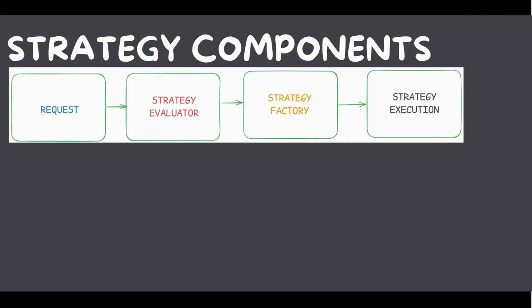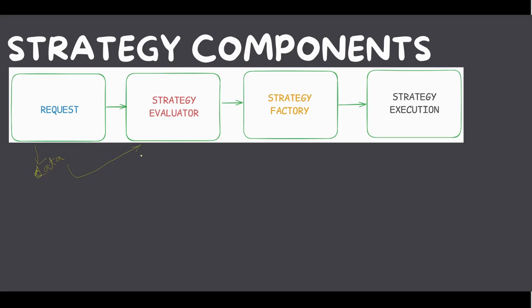So we'll see what the various components in a strategy are. The first thing you start with is your request. This is the first component, and this request contains some data. Now this data goes to the strategy evaluator.